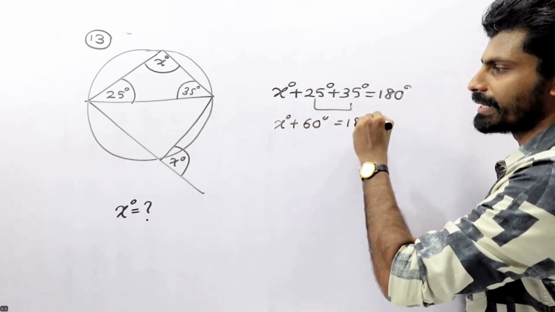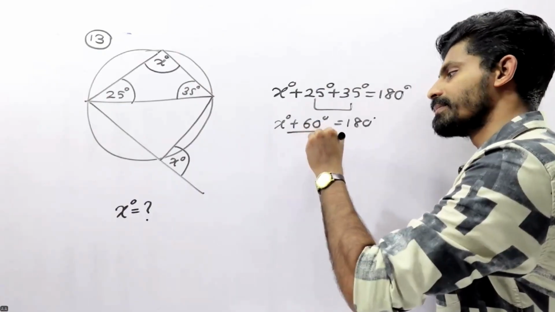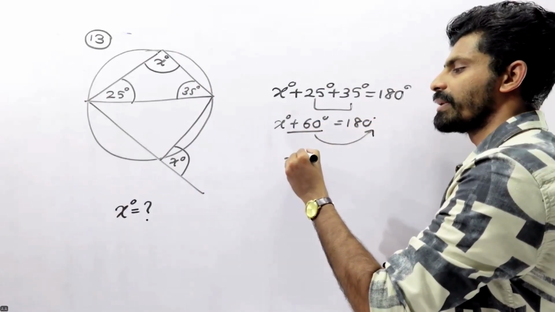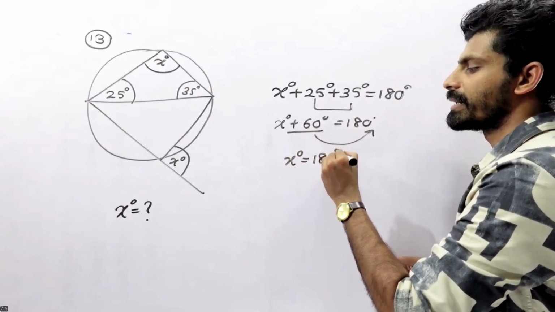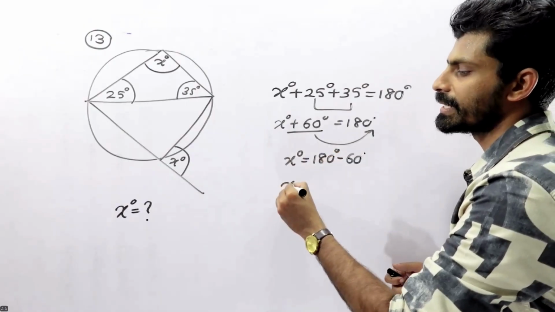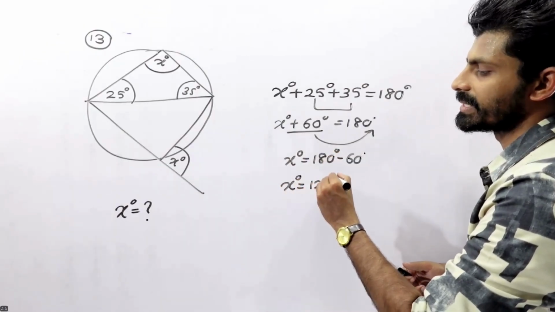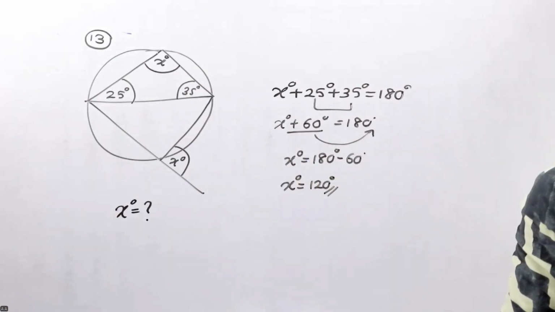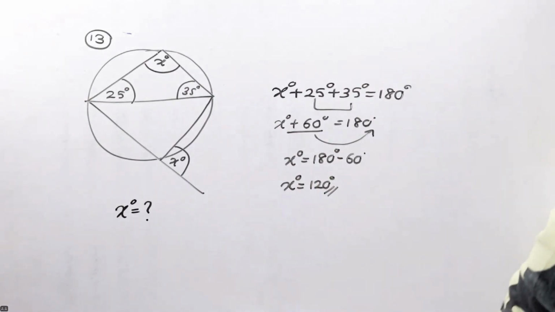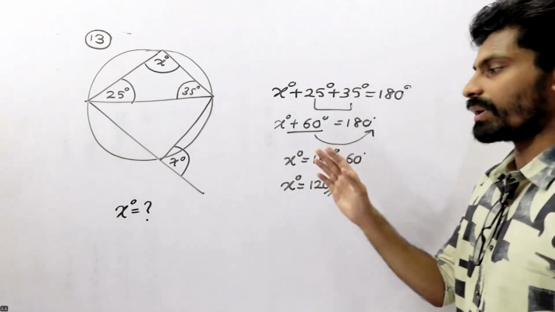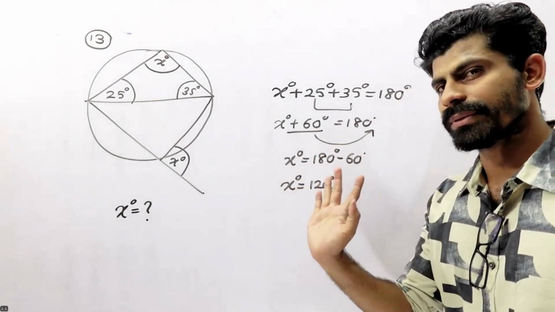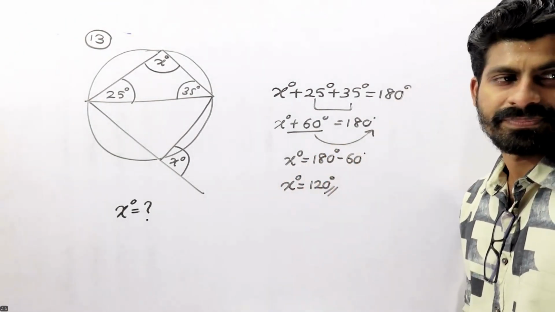Then 180 plus 60 moving to other side. So x equals to 180 minus 60, 120.